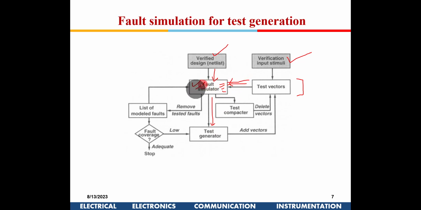It will tick off many faults, right? So that will compact my test. There will be some redundant test vectors which you might have used in the logic simulation. So all those redundant test vectors will be removed. As and when one test vector is applied, many faults will be detected in one go. So keep removing them from the fault list.